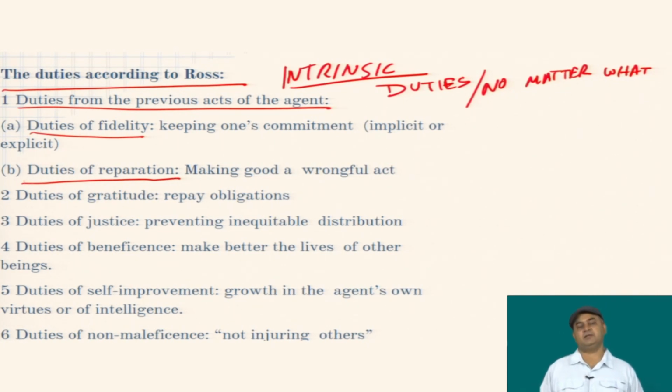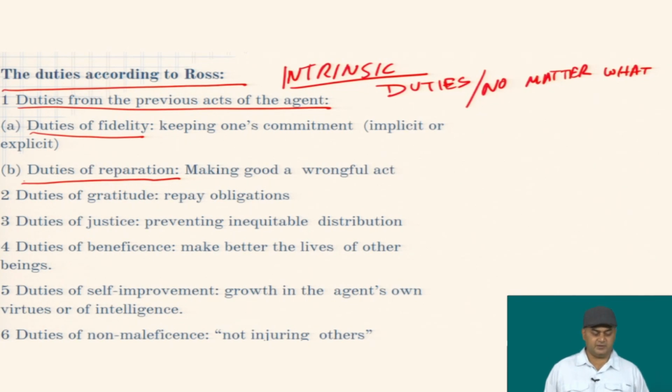Let us think of an example: if you have wronged somebody, you have a fundamental duty to correct that wrong, to make it right. That comes from your previous acts, right. Duties of fidelity, because you have made a commitment, so you need to live up to it. So, this is the first duty, the duties from previous acts of the agent.